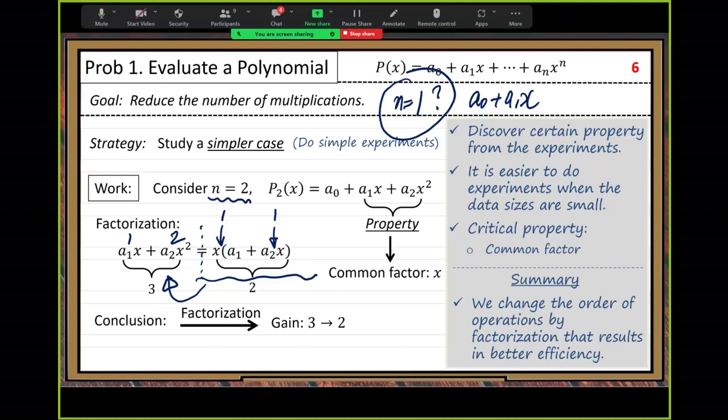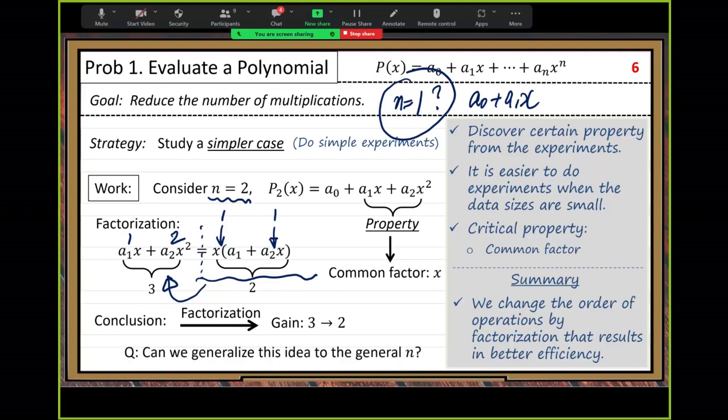So here, the summary: we change the order of operations by factorization, which results in a better efficiency number. All right, so let's keep going.